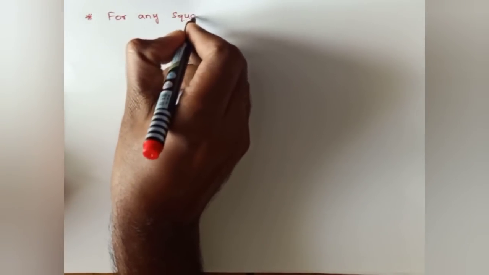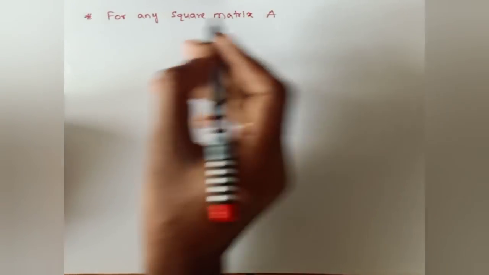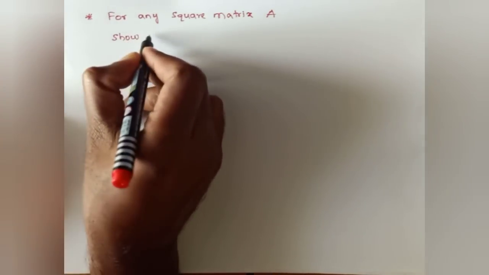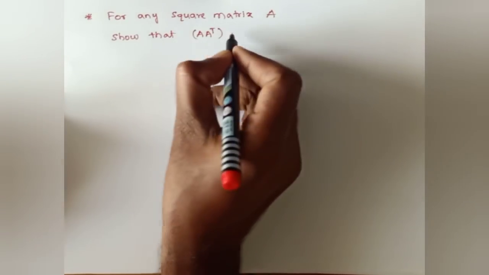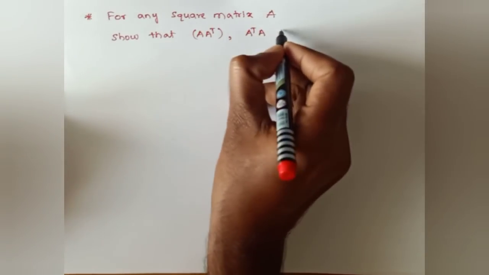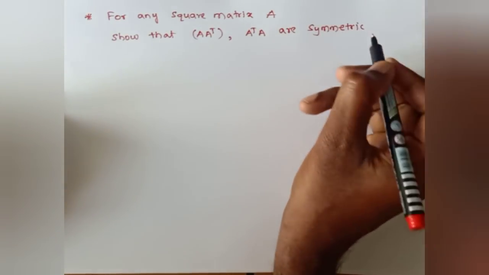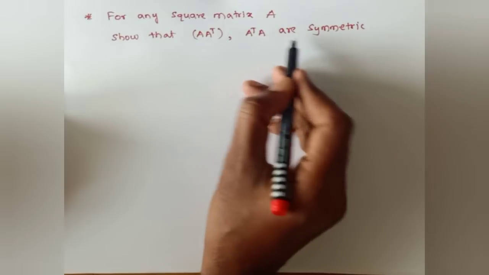So next, solve this problem. For any square matrix A with real entries, show that A into A transpose and A transpose into A are symmetric.